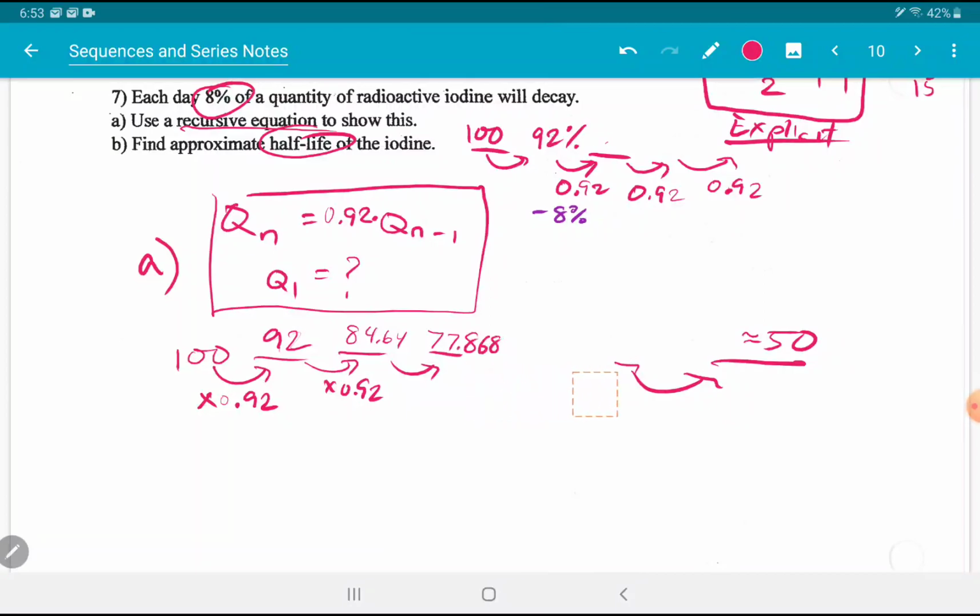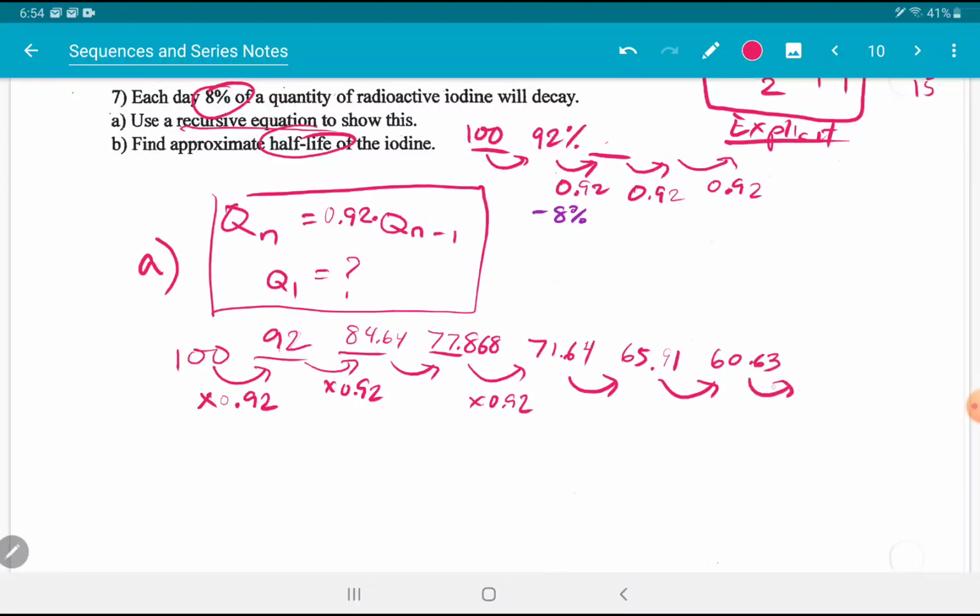Then we multiply again by another 0.92, and we get 71.64. Another one times 0.92, we get 65.91. Again times 0.92, we get 60.63.